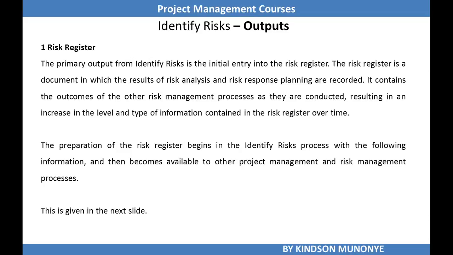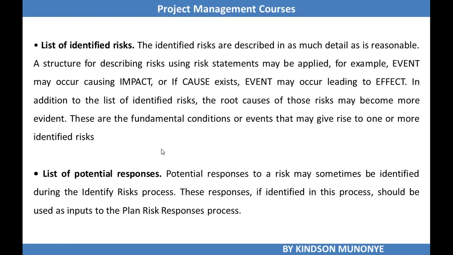The preparation of the risk register begins in the identify risk process with the following information and then becomes valuable to other project management and risk management processes. Let's now take a look at some of the items that might be contained in the risk register. Some might think it's just a list, a register of all the risks, just a list and outline of the risks, but no, it contains much more.